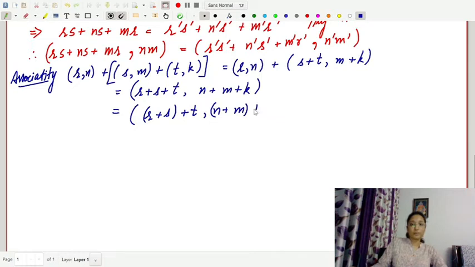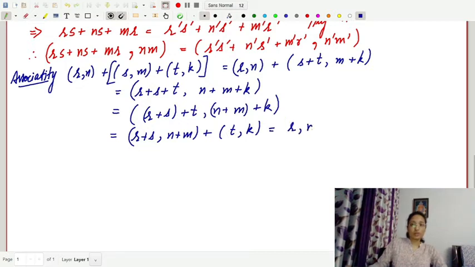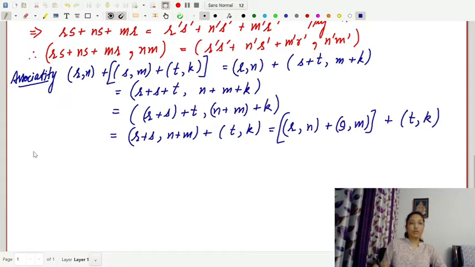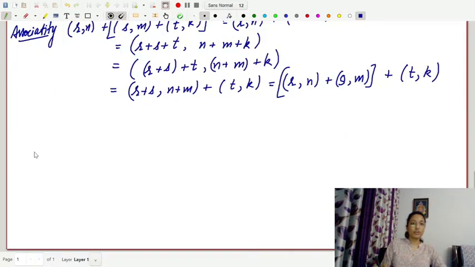Integers is also a ring, so associativity is followed. This is equal to (r, n) plus ((s, m) plus (t, k)) for all (r, n), (s, m), (t, k) belonging to R cross Z.